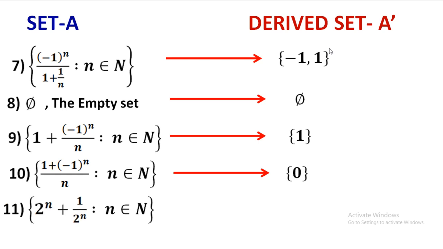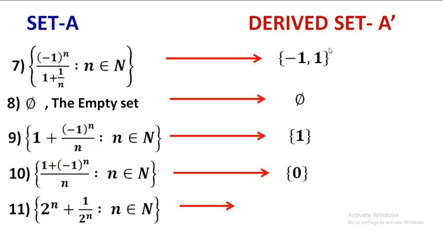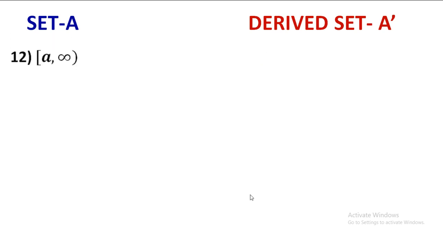Next one, 2 power n plus 1 by 2 power n, where n belongs to the set of natural numbers, whose derived set is phi, the empty set. Okay, next the interval a comma infinity, whose derived set is a comma infinity itself.